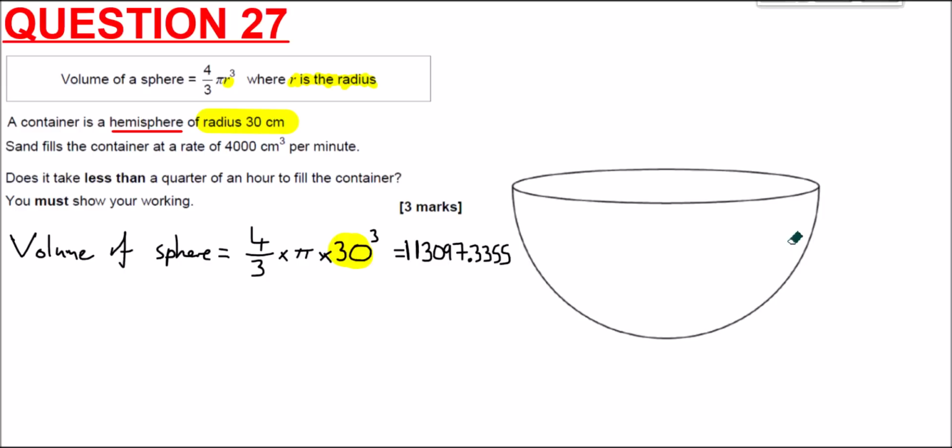A common mistake for this question is to apply the formula, but then to forget to half it. So if the volume of a sphere is this, the volume of a hemisphere will be exactly half of what we've just worked out. Hemi sounds a bit like semi, and semi means half.